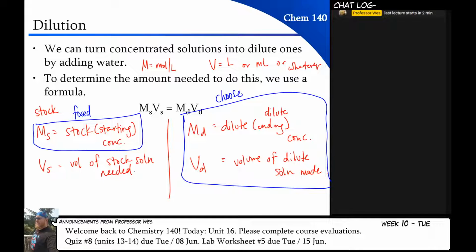Or maybe I'm trying to plan ahead and I want to make 50 liters so that I can do this for the entire year, and we'll just put it in the stockroom because we have tons of space to put bottles on shelves. You get to pick what numbers you want. That means that this down here is oftentimes what we're going to solve for.